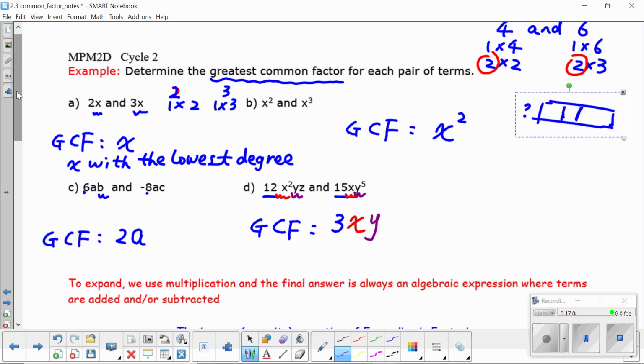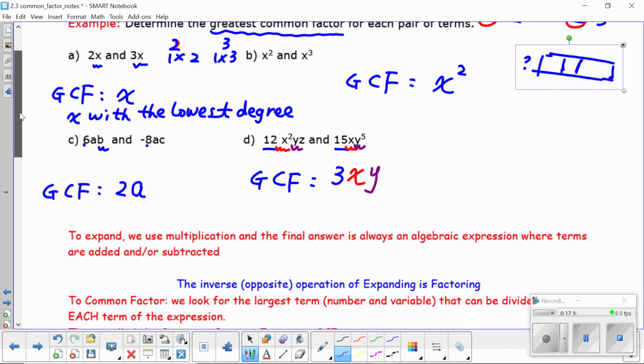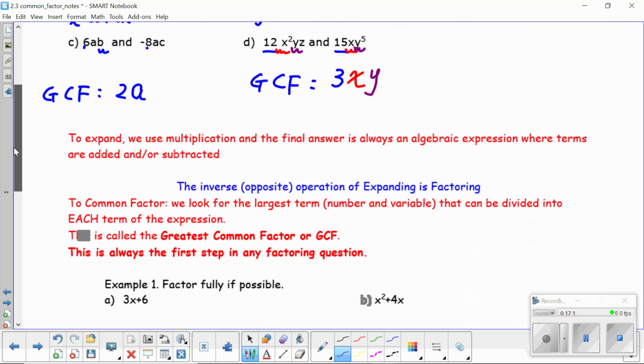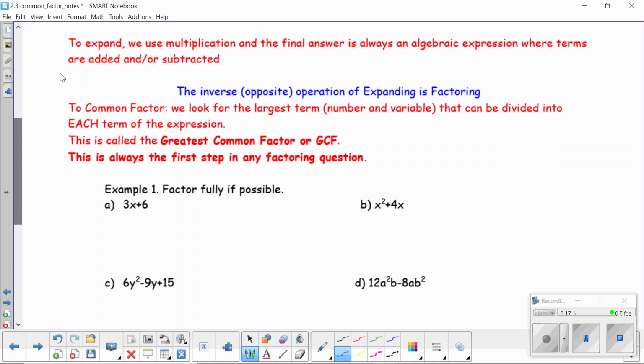So for the next question, we are going to do the factoring, okay? To expand is to multiply, and the final answer is always no brackets, no like terms.